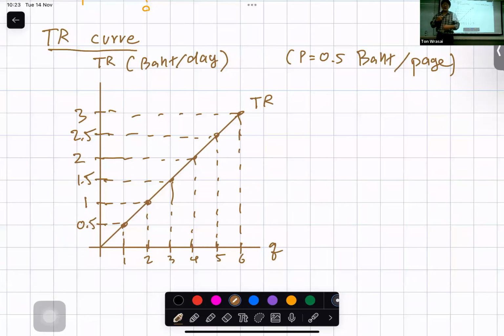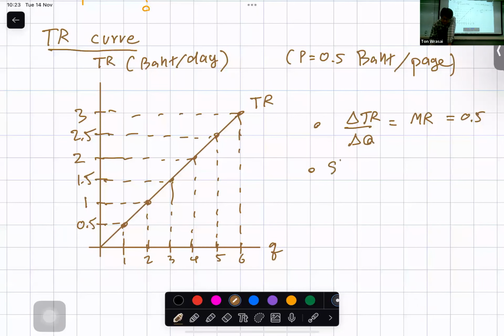If I apply what you said, the slope of the total revenue curve can be found like this. Then the slope is marginal revenue, which equals 0.5.